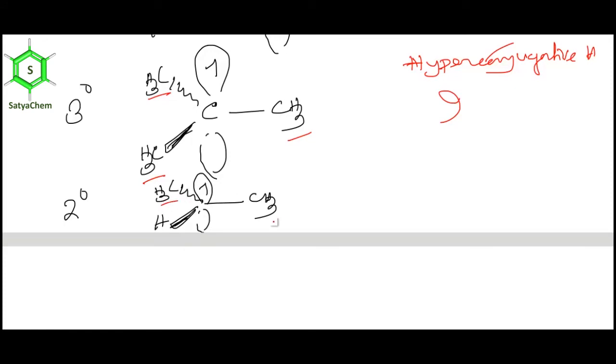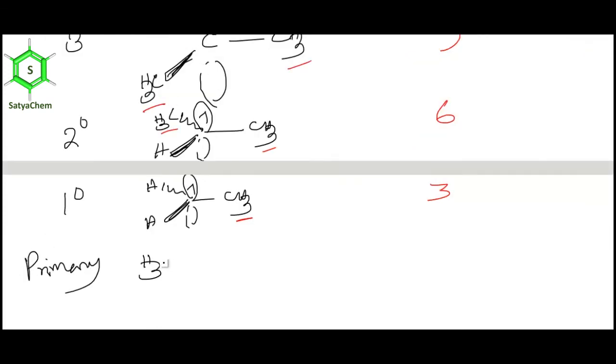Here 3, 6 hyperconjugative hydrogens in a 2-degree free radical. In a 1-degree free radical, only 3 hyperconjugative hydrogens. In a primary free radical, 0 hyperconjugative hydrogens.